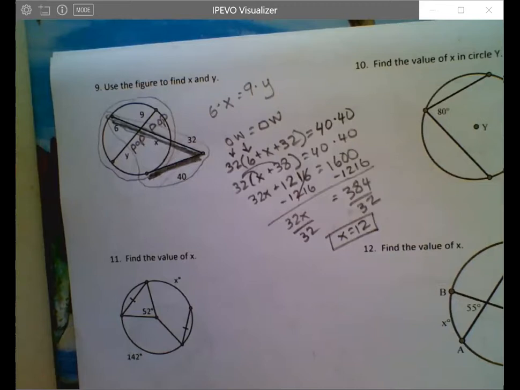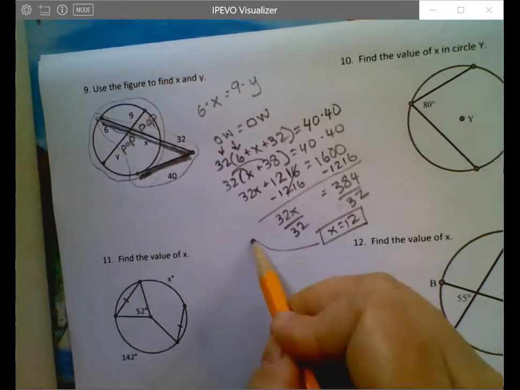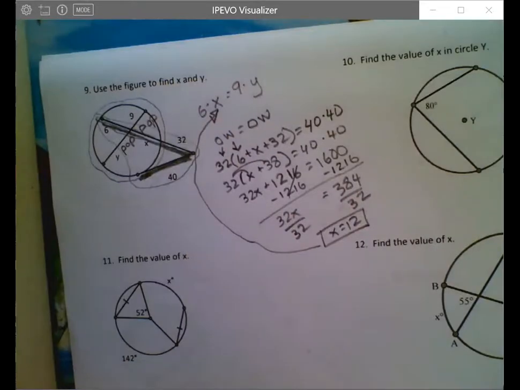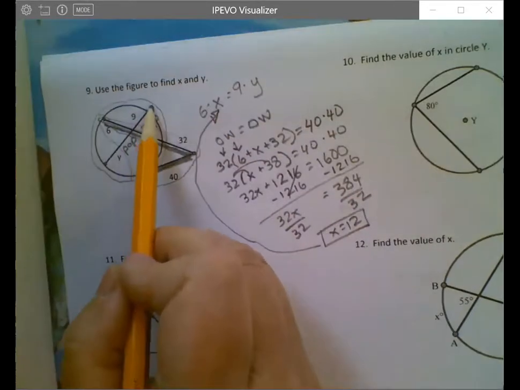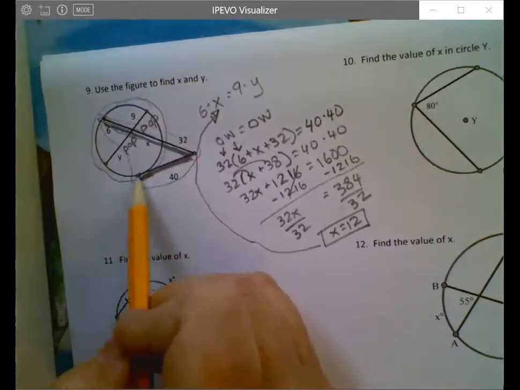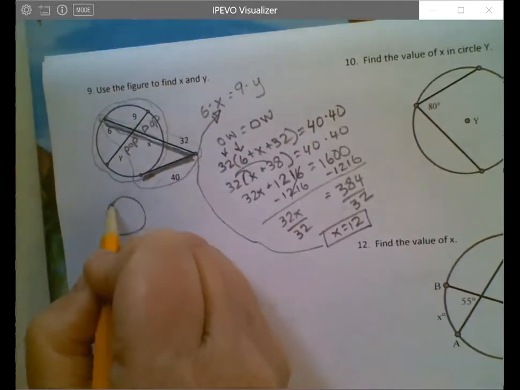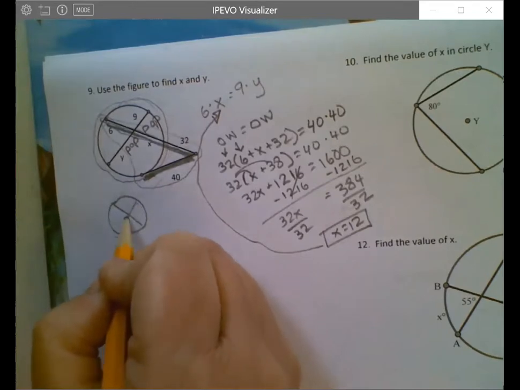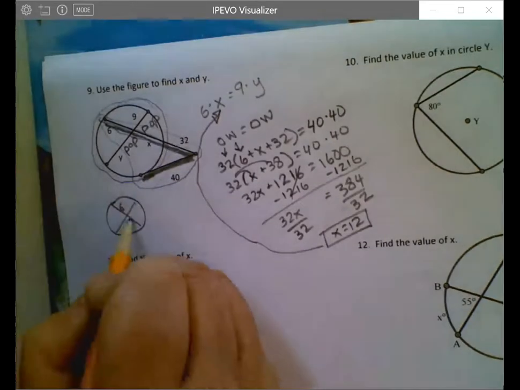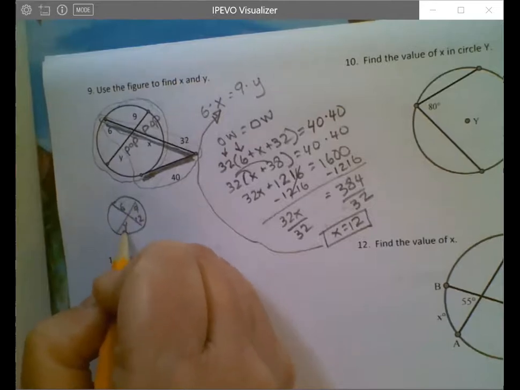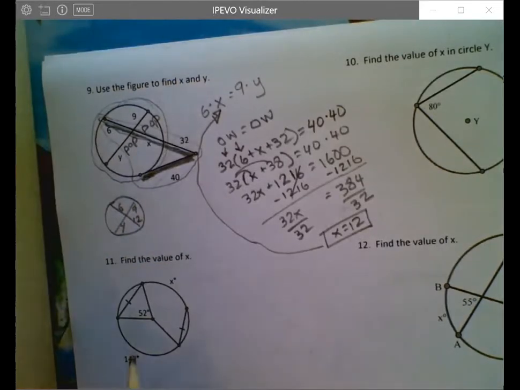Okay, once I have x, I can take that and plug it back in up here in order to figure out y. So then looking at the pop, pop part of the problem, I can redraw it. This is 6, this is 12, this is 9, and this is y, because I figured out that x was 12.